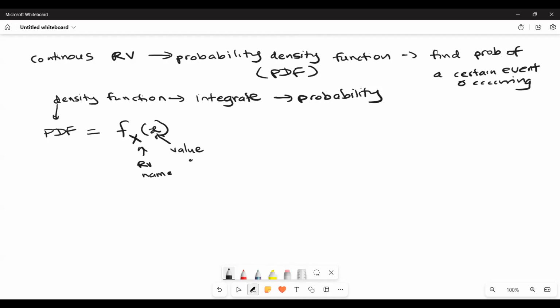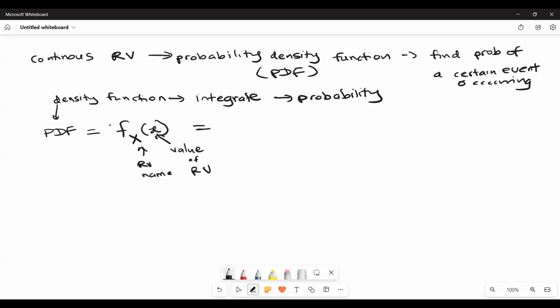This is how we normally indicate a PDF function. The PDF function needs to be integrated over a certain range to find the probability of that event occurring.